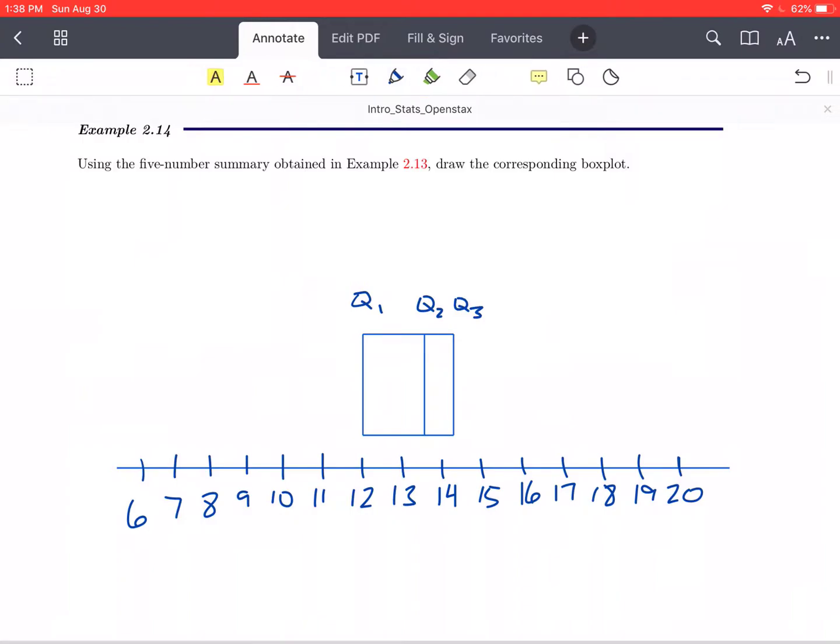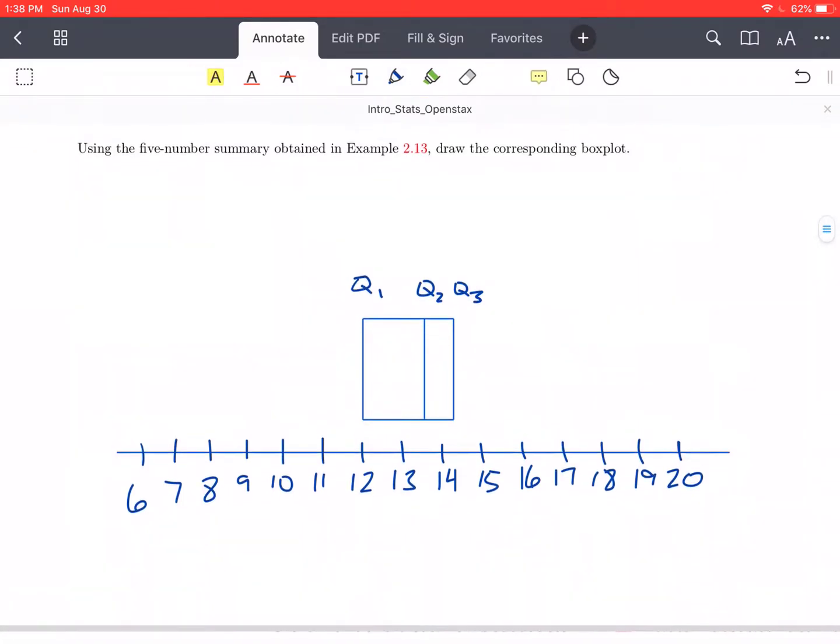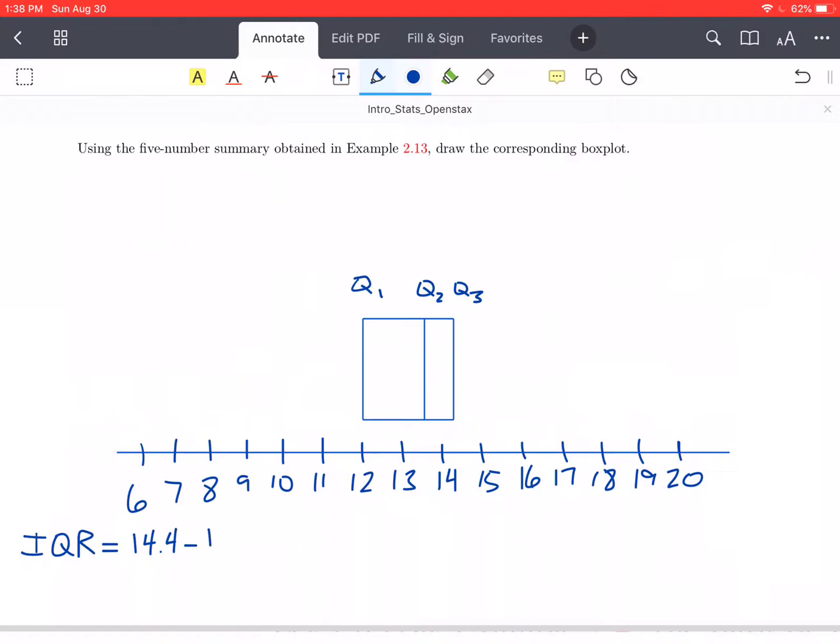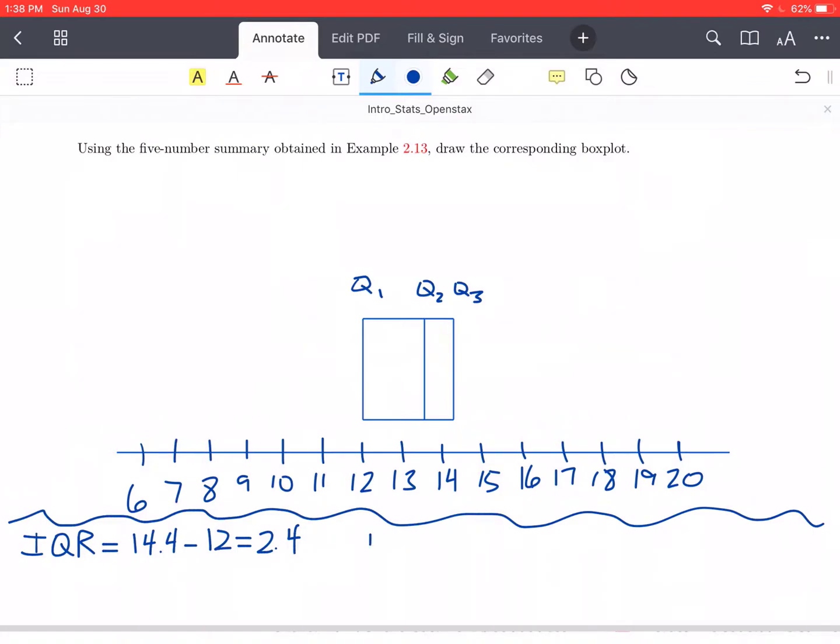Now, before we draw our whiskers on this, I also want to look at the fences. So we need the IQR. That's going to be 14.4 minus 12, which is 2.4. So that's going to give us our lower fence and our upper fence.